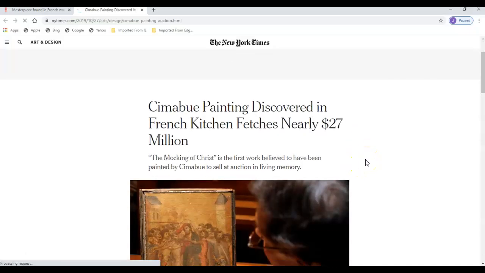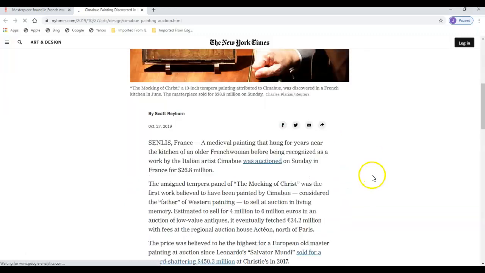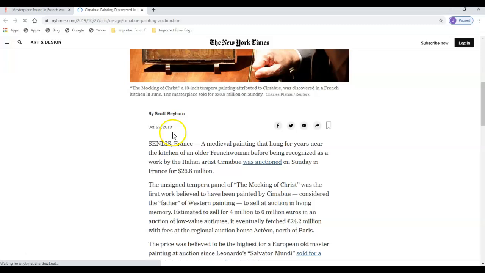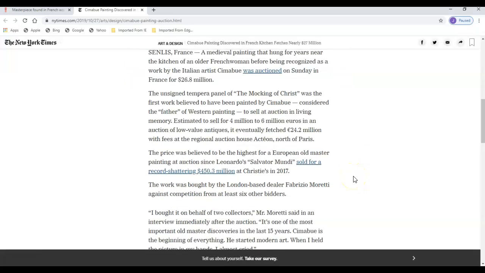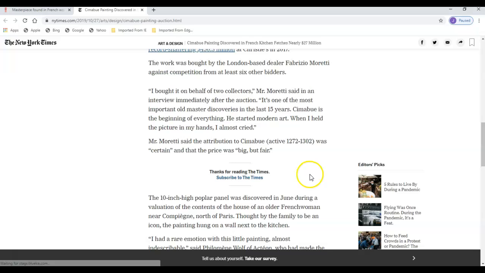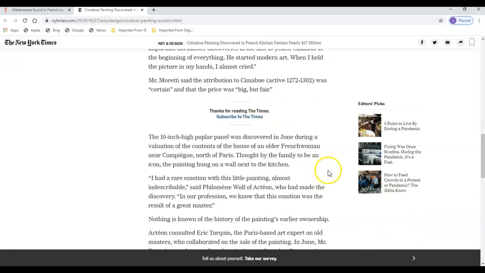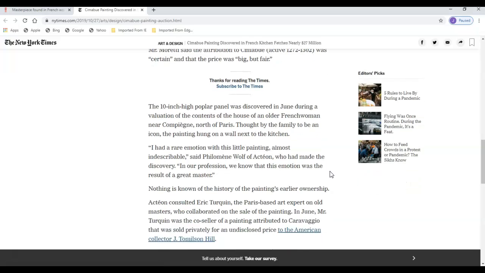Some of you will recognize who's mentioned in your textbook; literally, this was just last fall. A painting that hung for years in the kitchen was found, as it tells you in here. It was a 10-inch panel, found in June, belonging to an older French woman in Compiègne, north of Paris. The family thought it was just an icon.